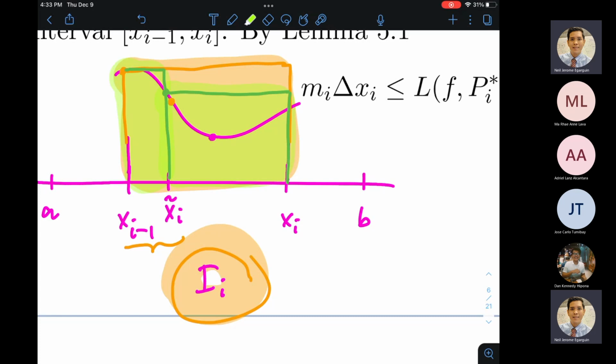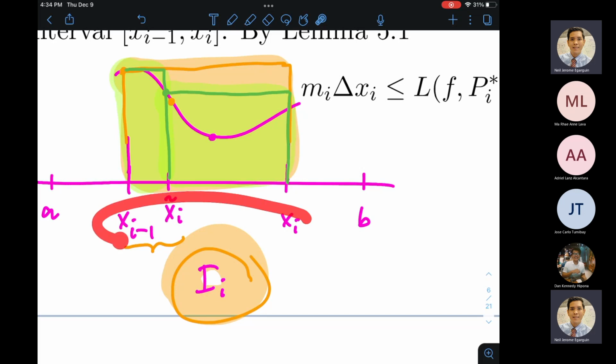So parang ngayon, dun sa refinement, mas maliit yung contribution nung interval I kesa dun sa original contribution niya prior to adding x sub I tilde. Alright? Kaya mas lumiliit yung upper Riemann sum kapag ka nagdadagdag ka ng partition inducers. Kasi parang namamanipula mo yung pagiging maximum ng isang element over the interval.